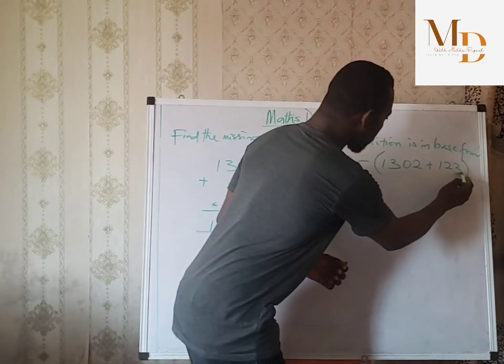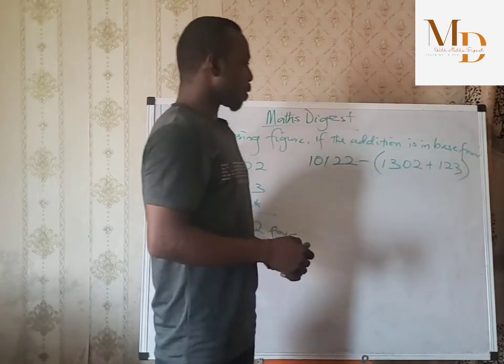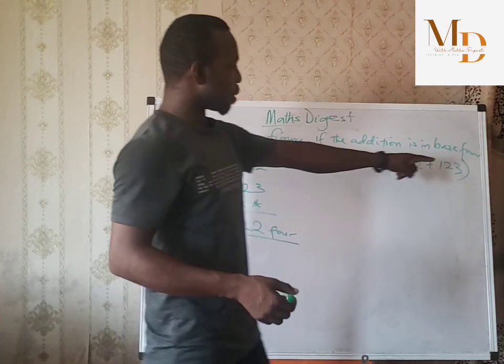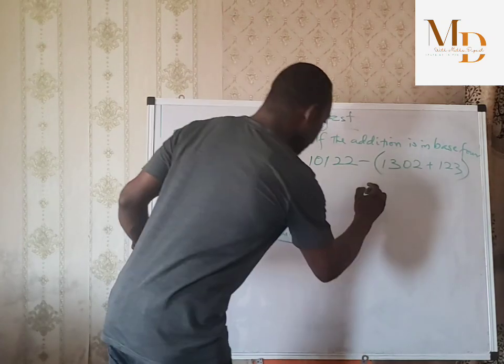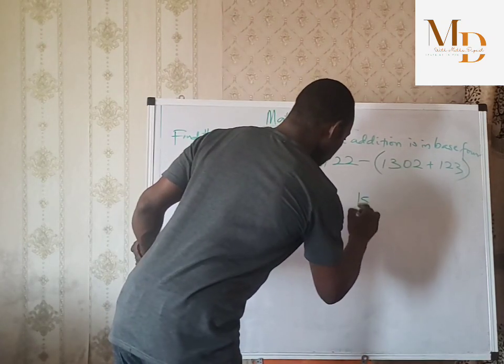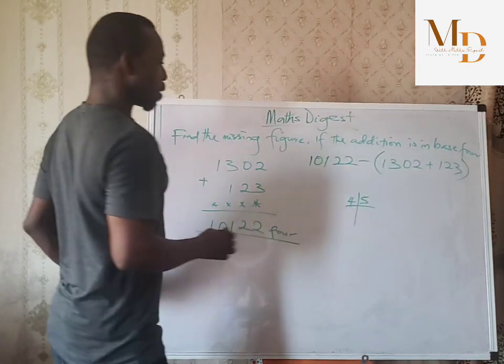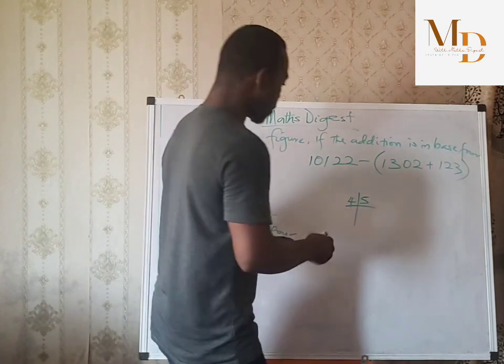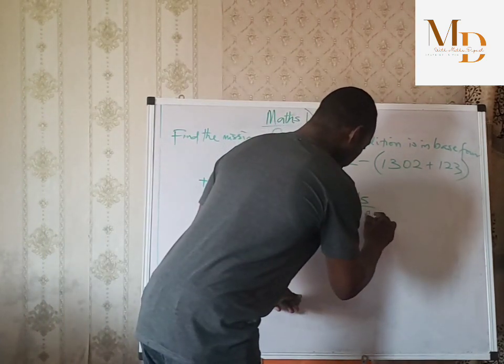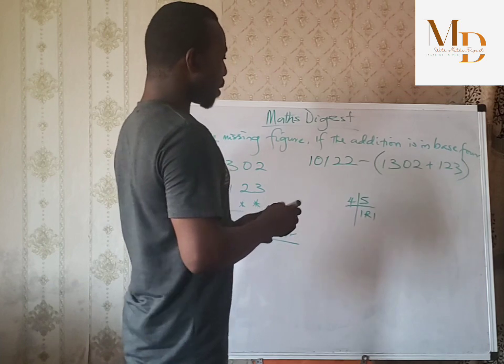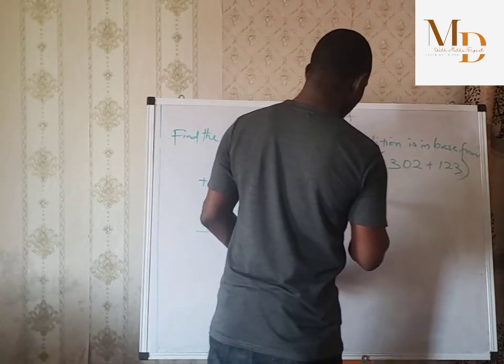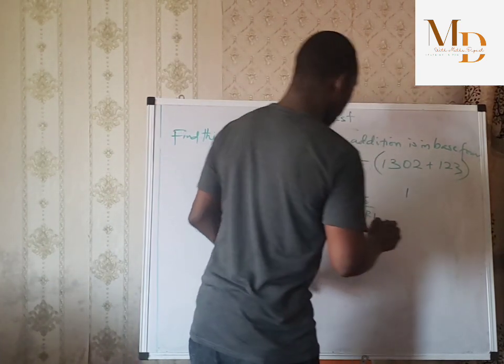We say this plus this will give you 5. Since we are operating in base 4, 5 divided by 4 gives 1 remainder 1. So we have 1.